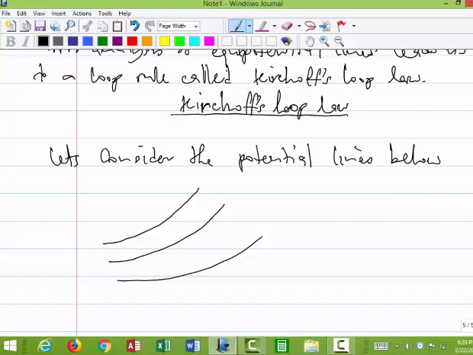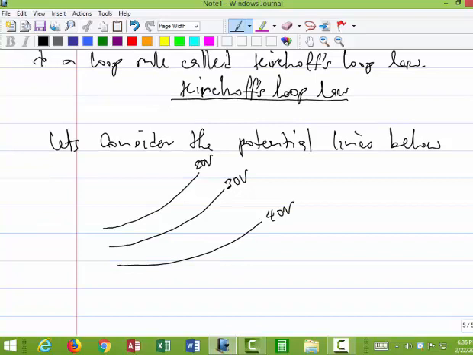So we can say this is 20 volts, that is 30 volts, and 40 volts. Let's say that we move a charge from one point to the other. Say this is position 1.